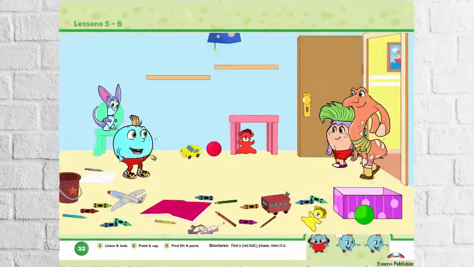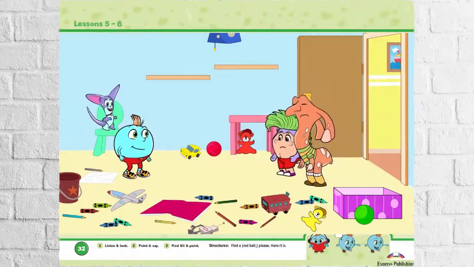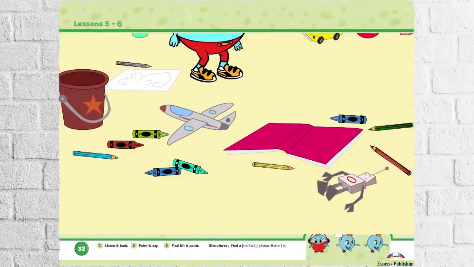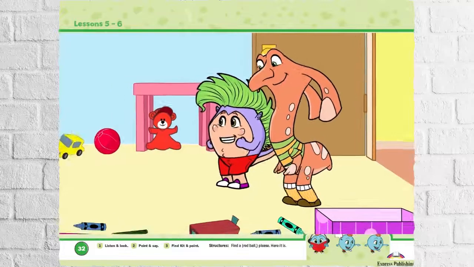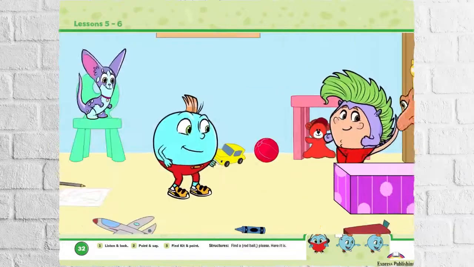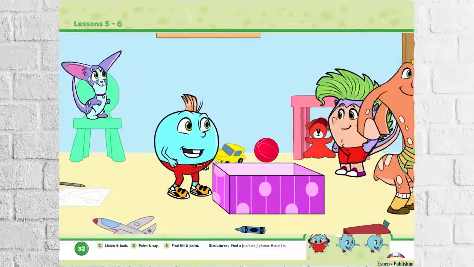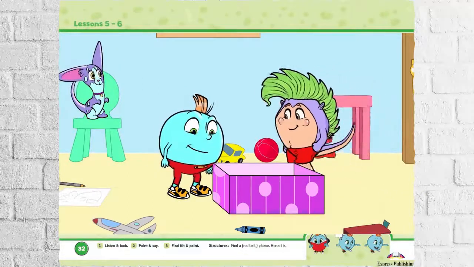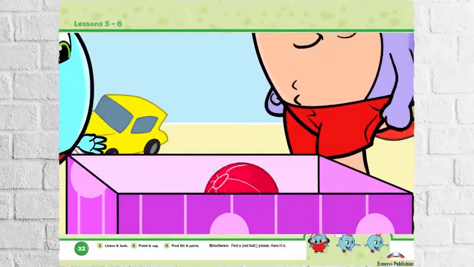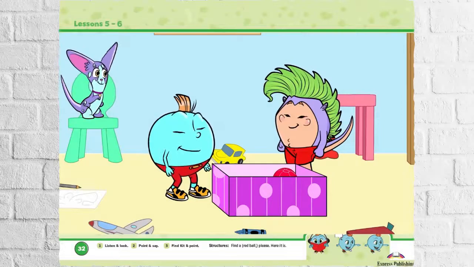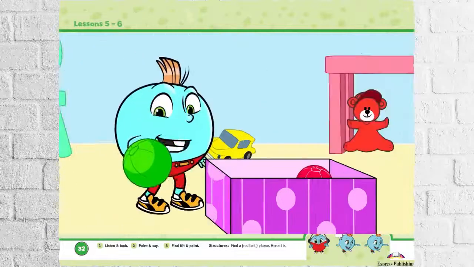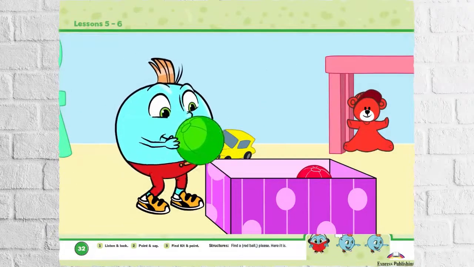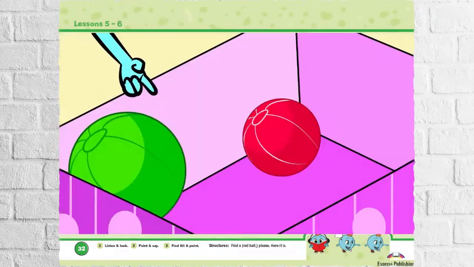Hi, Zach. Hi, Grok. Hi, Plock. What a mess! Let's help Zach. Yes, let's tidy up. Thank you. Find my red ball, please. Here it is. Thank you. Now find my green ball. Here it is. Great. A red ball and a green ball. 1, 2, 2 balls.